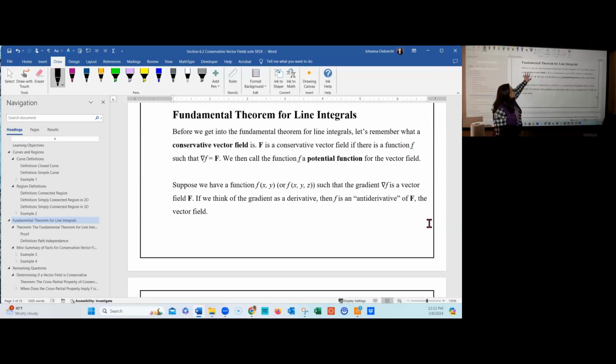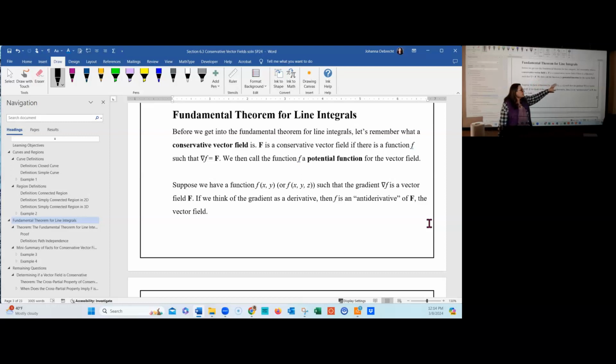Let's remember what a conservative vector field is. Remember, we said that a conservative vector field is another name for a gradient vector field. In other words, there exists some scalar valued function f of x and y, or of x, y, and z, such that the gradient of f, del f, is equal to the vector field.